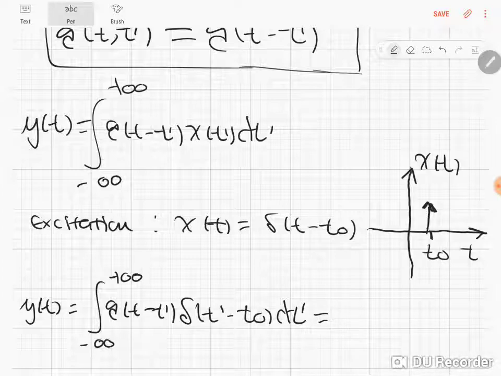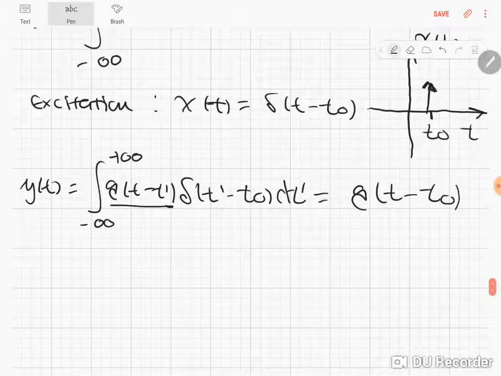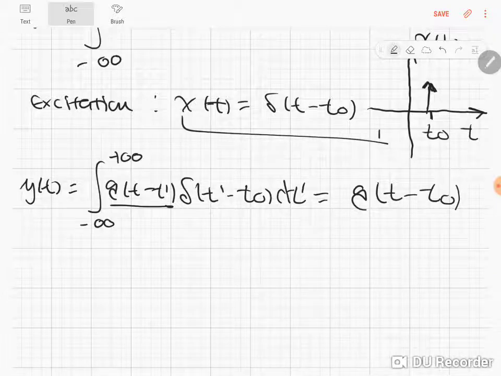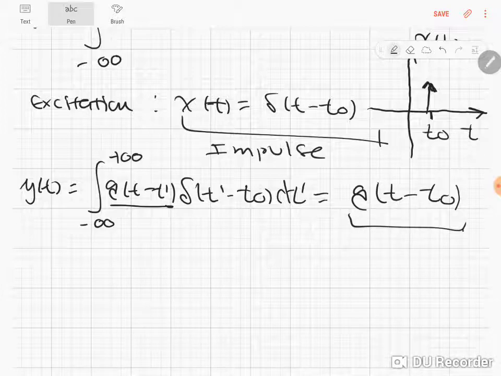By the properties of the integrals of delta functions, we just make t prime equal to t0, so this is just g of t minus t0. We can see that when the excitation is an impulse, the response is the Green's function itself. That's why the Green's function is called the impulse response.